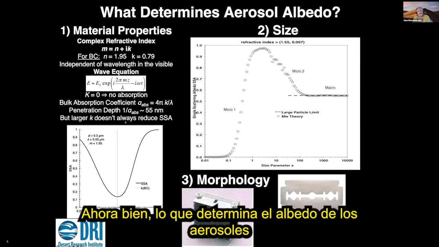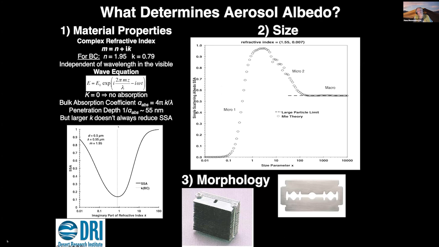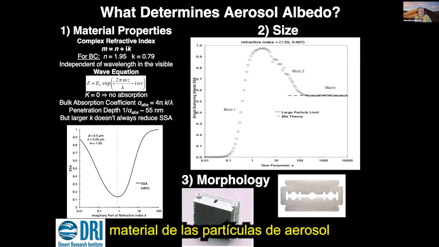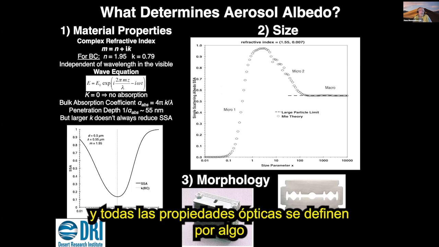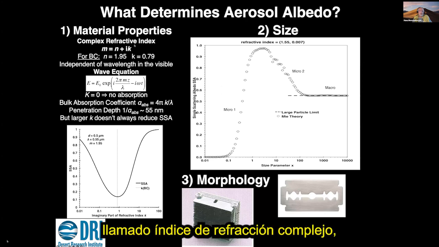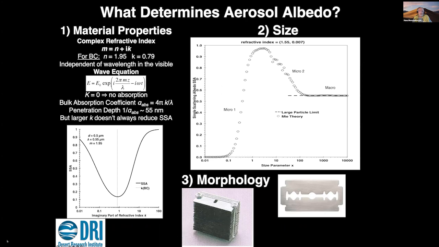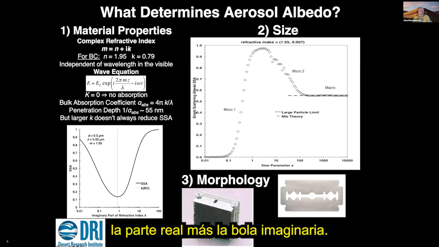Now, what determines the aerosol albedo? And the first thing we think about is the material of the aerosol particles. And all the optical properties are defined by something we'll call a complex refractive index. The real part plus the imaginary part.